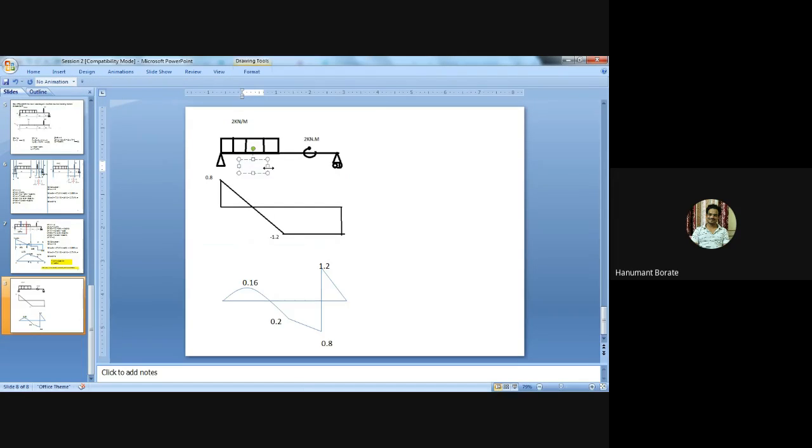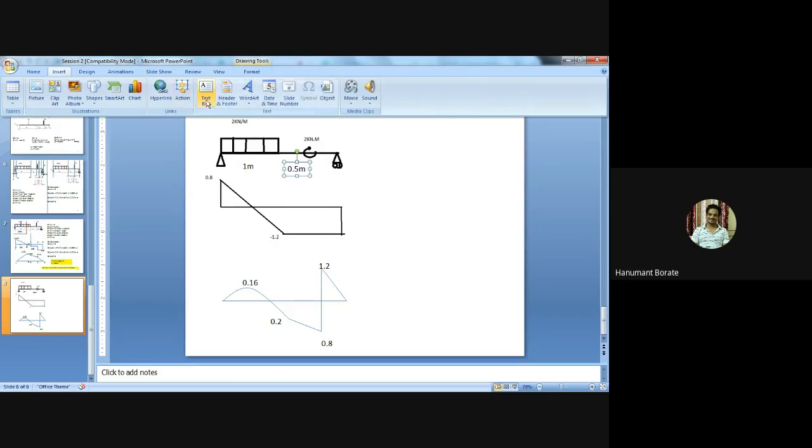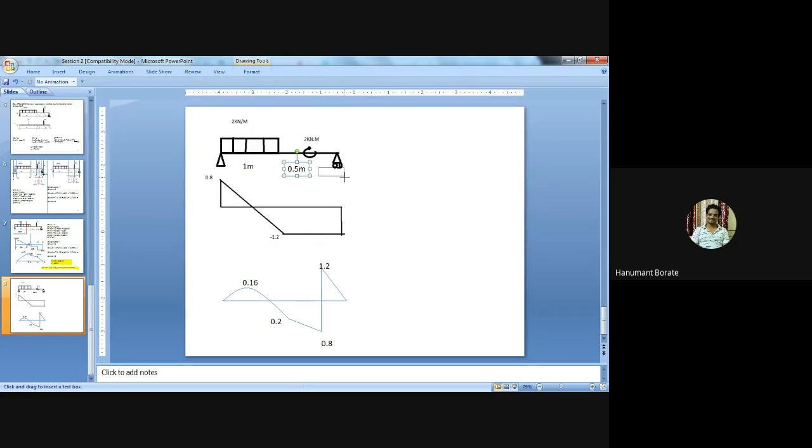This UDL span is 1 meter. The distance between the UDL end and the concentrated moment is 0.5 meter. And between the concentrated moment and the end point is 1 meter.